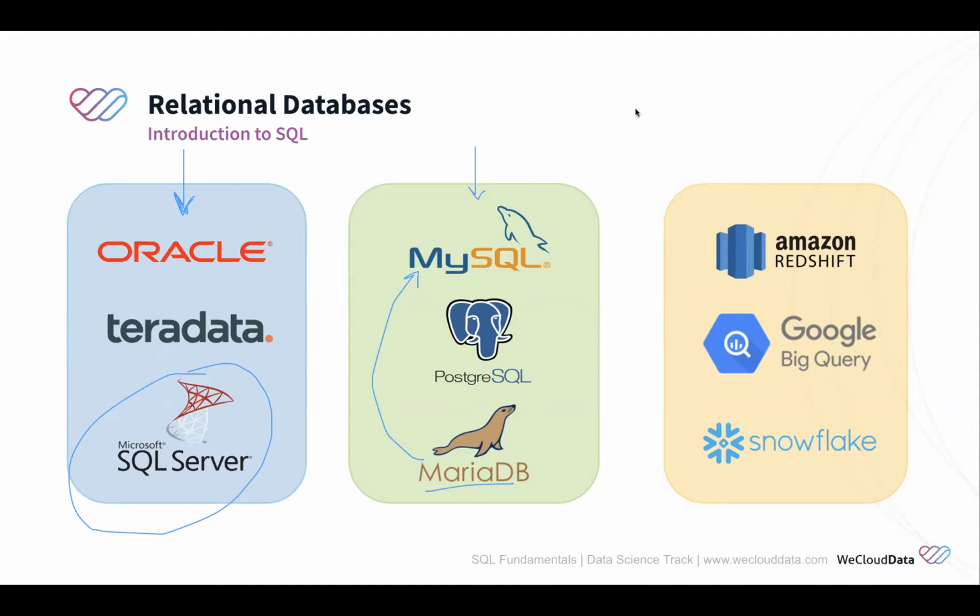Okay. On the right-hand side, we see relational databases as well. And these are cloud-based data warehouse tools. So in Amazon, it's called Redshift. Redshift is the very first cloud-based data warehouse. It used to be super popular because users didn't have a lot of options. Google BigQuery is very famous as well. It's widely adopted by many companies.